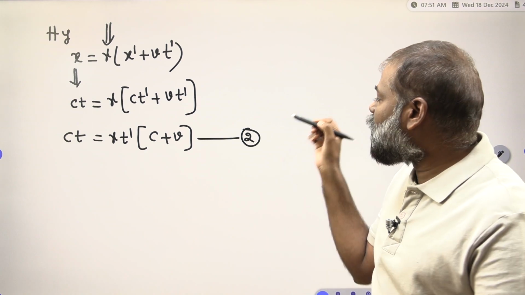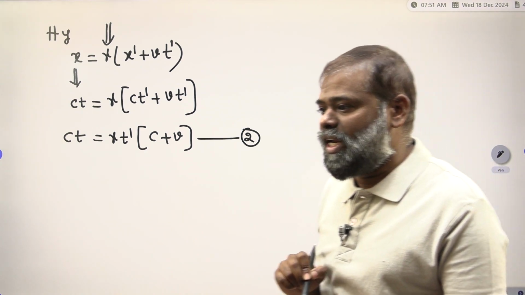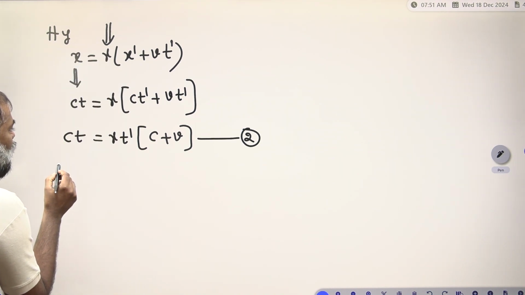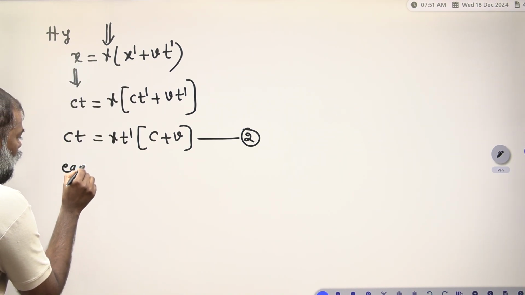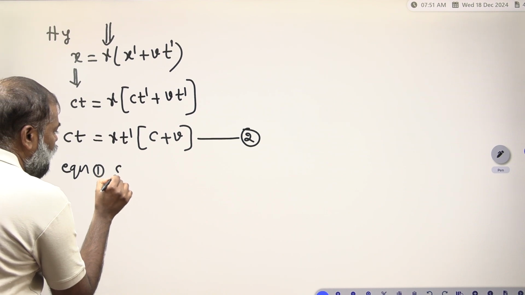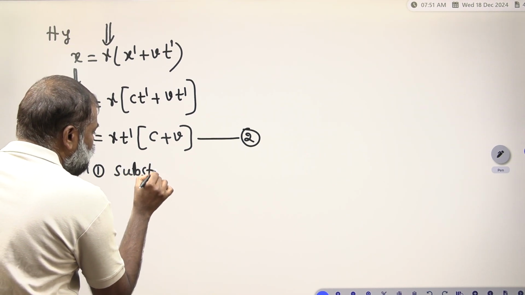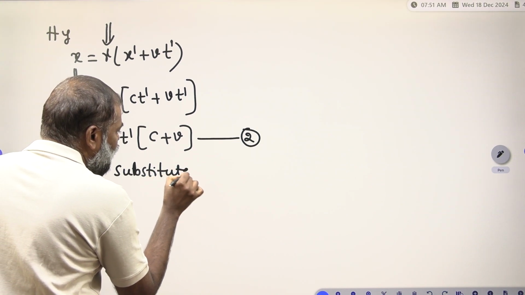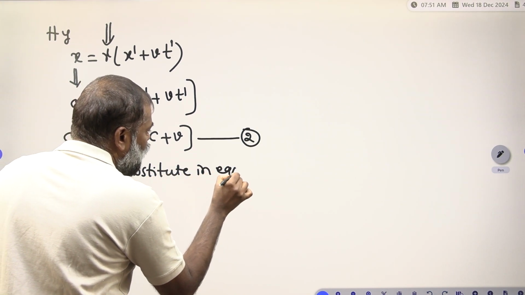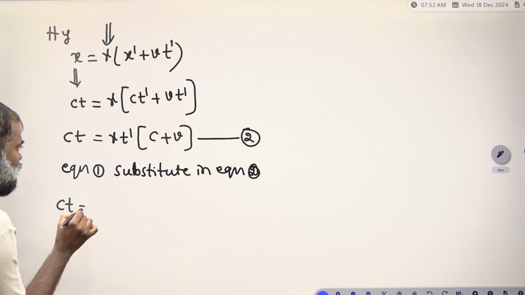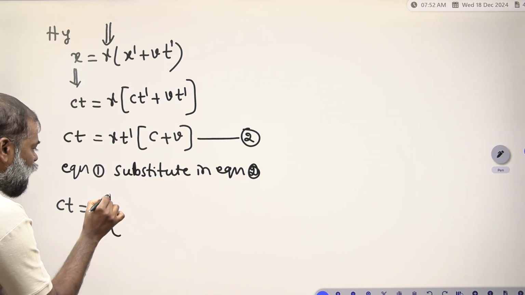Now, equation number 1 you have to substitute in equation number 2. What is our equation number 1? t dash. Equation number 1 substitute in equation number 2. How we have to substitute? ct is equal to gamma into t dash.